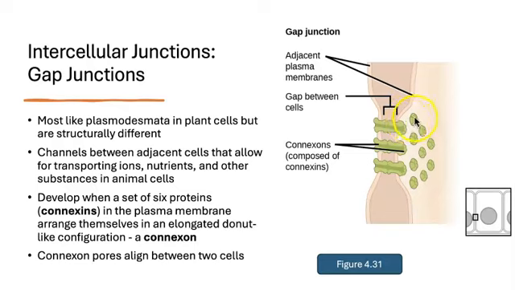Now, we don't see it too deeply illustrated here, but this gap junction is developed with a set of 6 proteins called connexins in the plasma membrane, and they arrange themselves in this elongated donut-like configuration, which we would call a connexon.